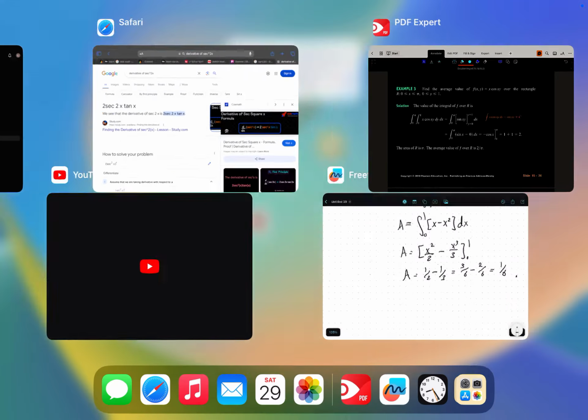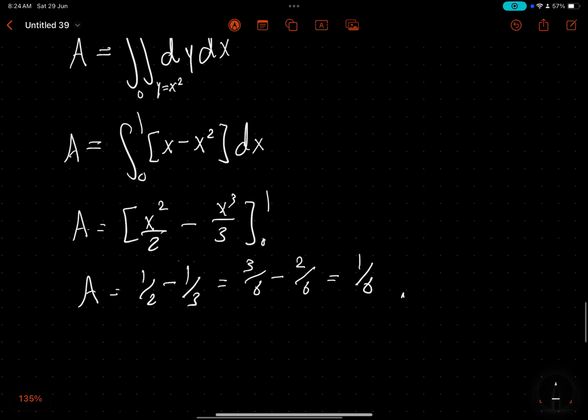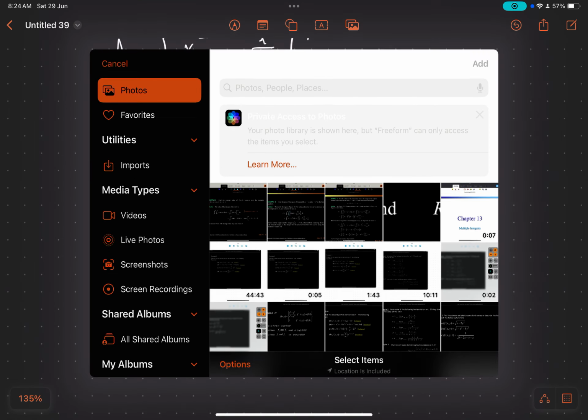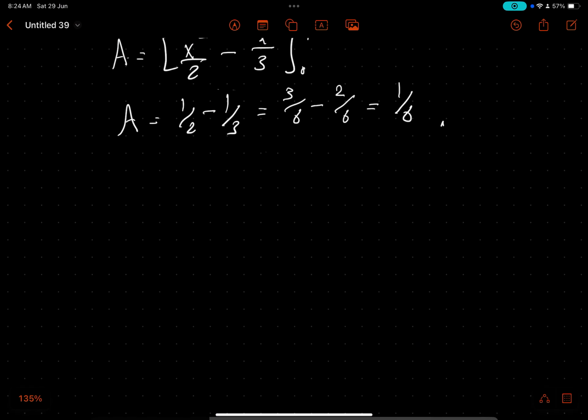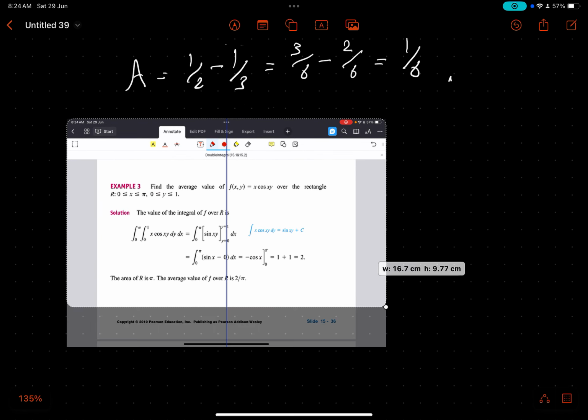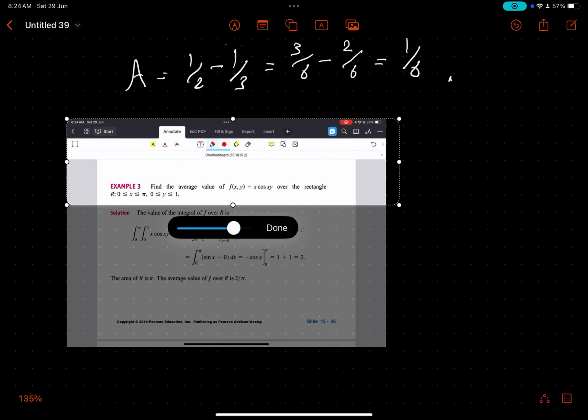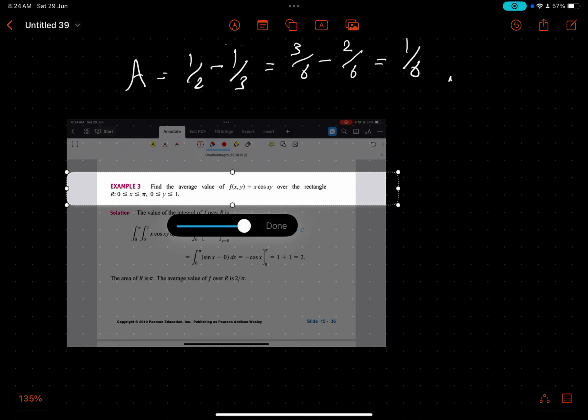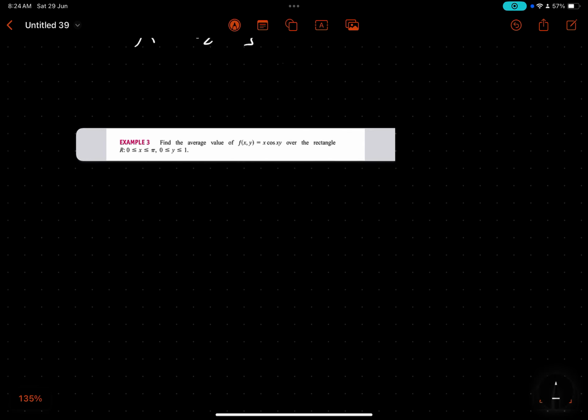Let's add this and try to solve it. This one is simple. We're gonna just need to evaluate the double integral of f, x cosine xy.